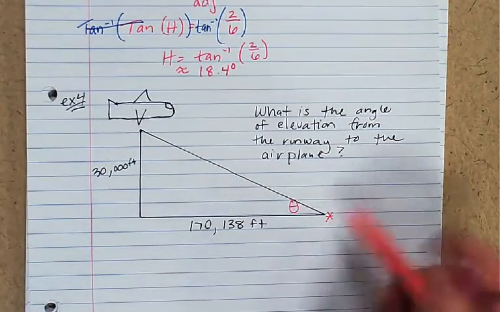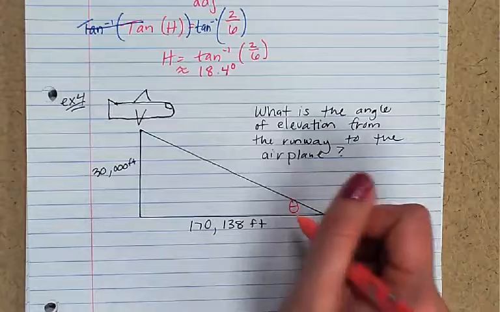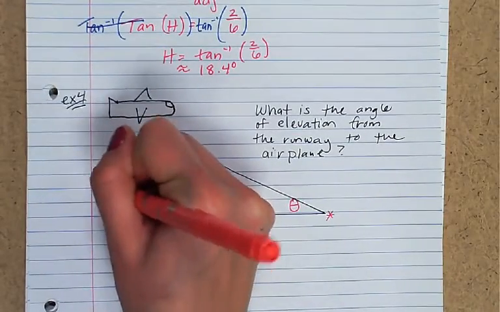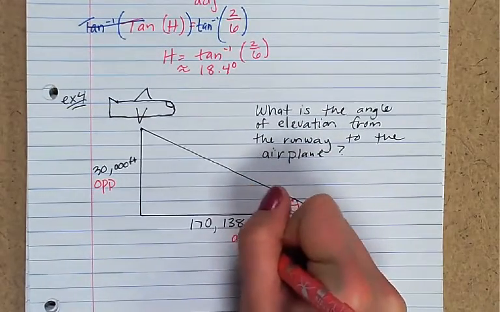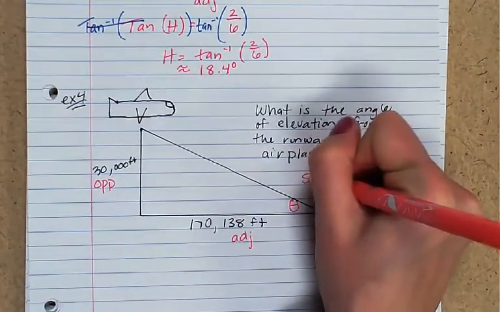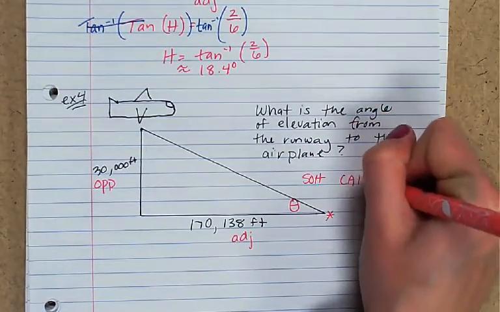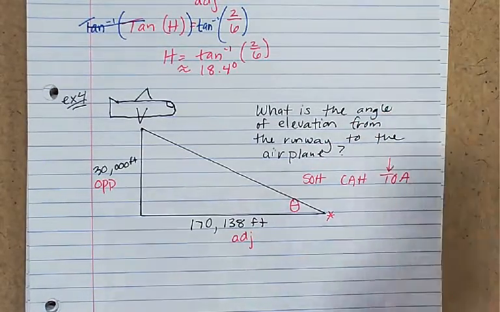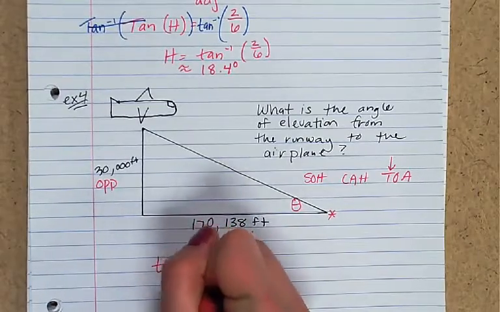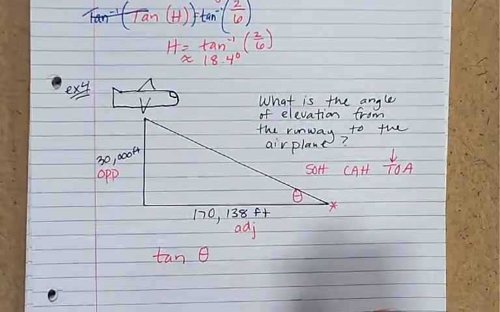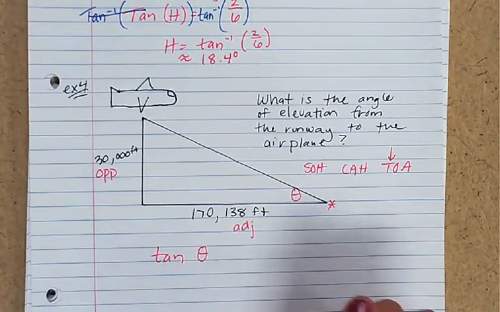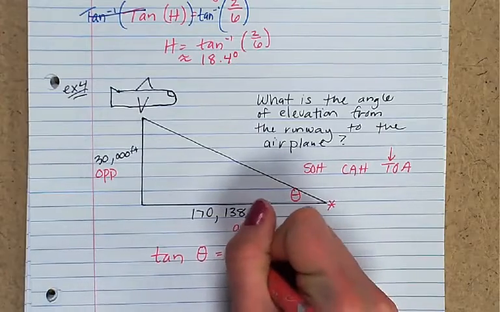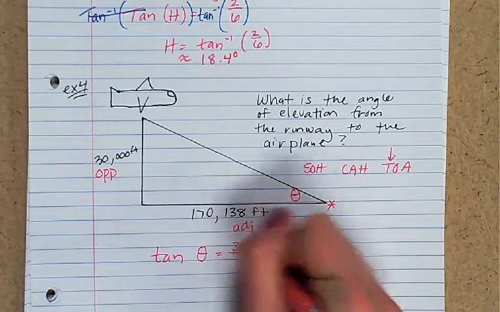If this is our reference angle that we're solving for, they gave us opposite and adjacent. Again, which trig function has the O and the A? This one again, we're going to use tangent. So tangent of theta, which is the variable we use when we're talking about angles, equals opposite over adjacent.